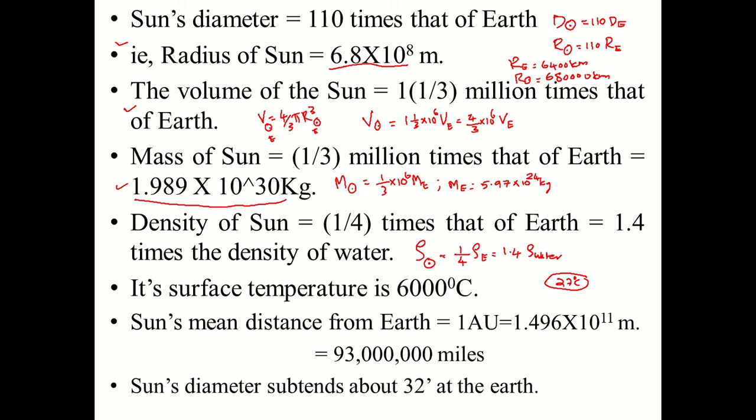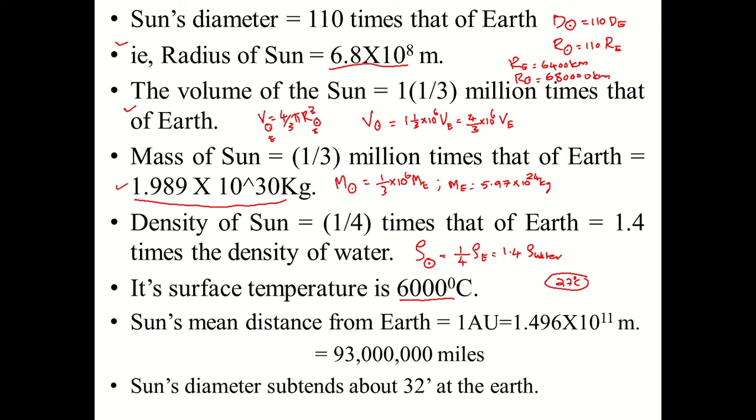But the surface temperature of the Sun is 6000 degrees Celsius. Remember that this is the surface temperature of the Sun, but the core of the Sun has a much higher temperature, because nuclear fusion takes place inside the core, from where we are getting this enormous quantity of energy.